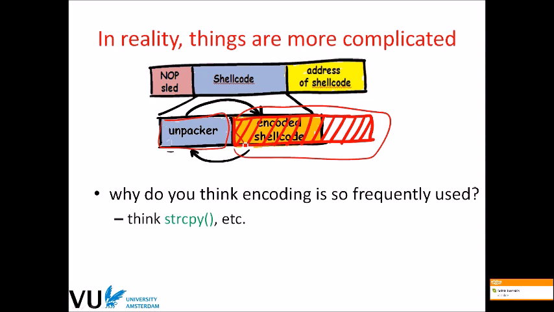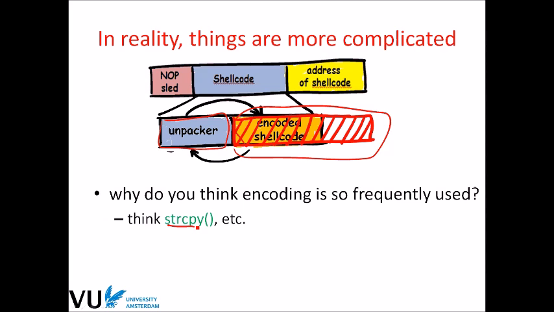One perhaps even more important reason to use some form of encoding is that functions like strcpy will copy data into a buffer. Now think about that. It will copy data until it encounters a null character. A null character terminates a string in the C and C++ languages.